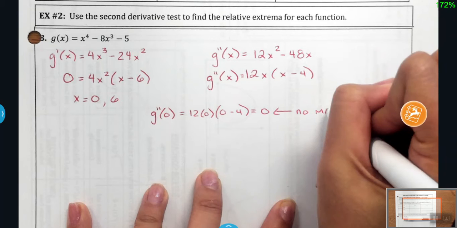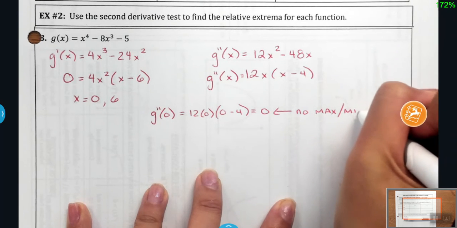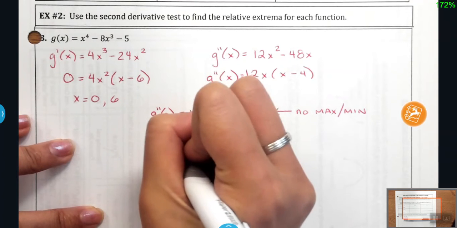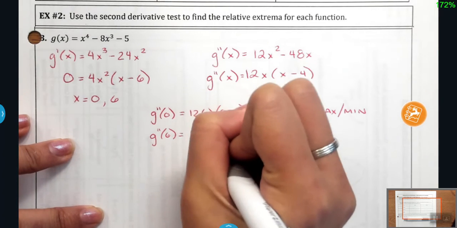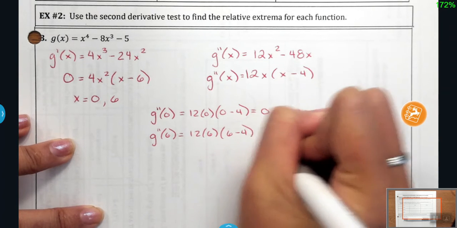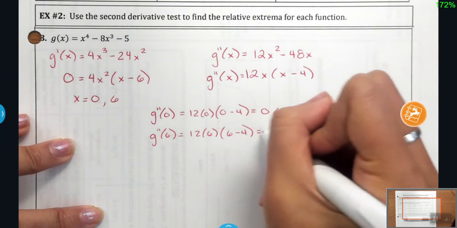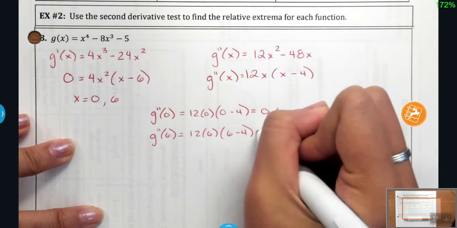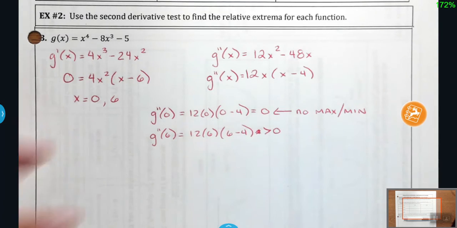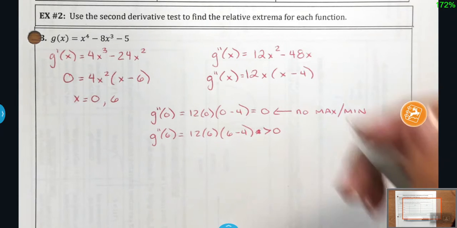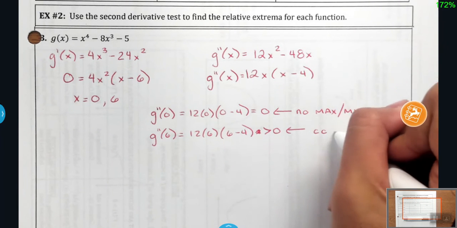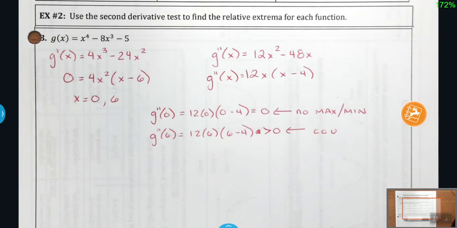No max or min. And then if I plug in 6, I get a, yeah, it doesn't even matter what it equals. Let's change that to just, this is just greater than 0, right? So then that means it's concave up, right?